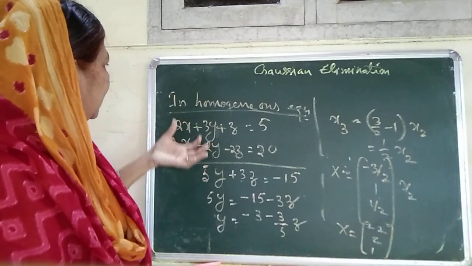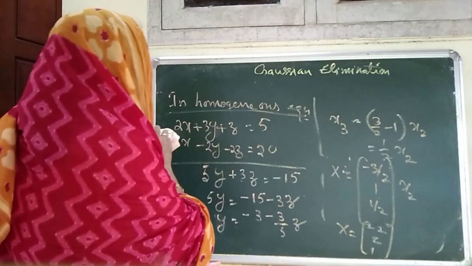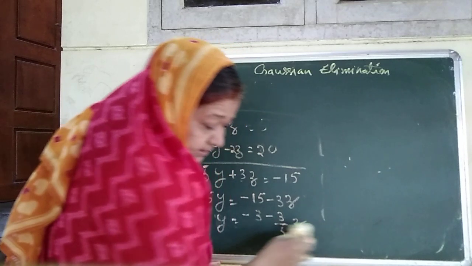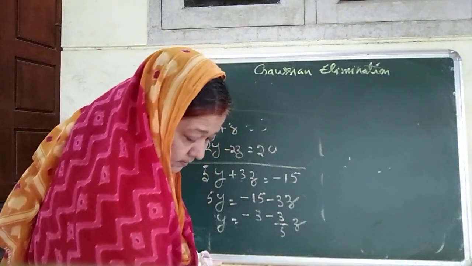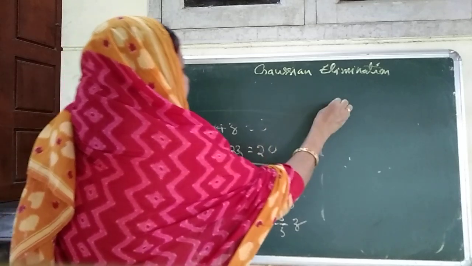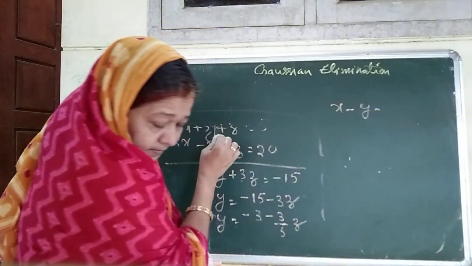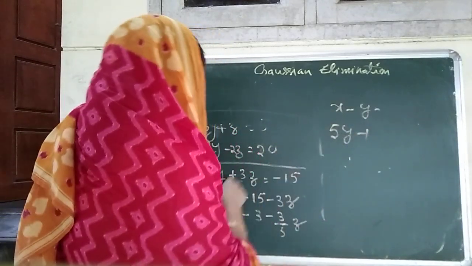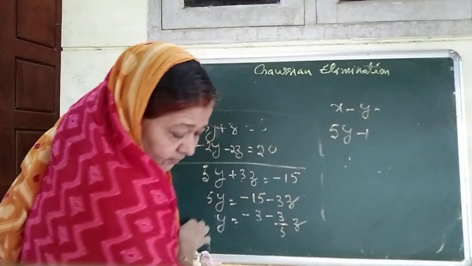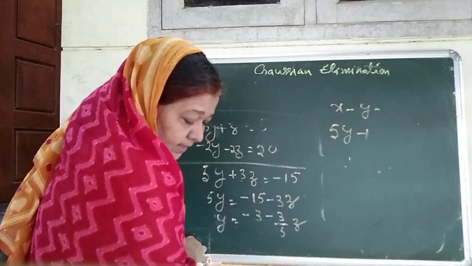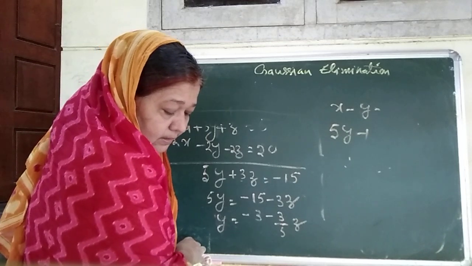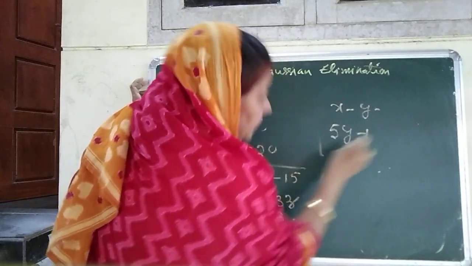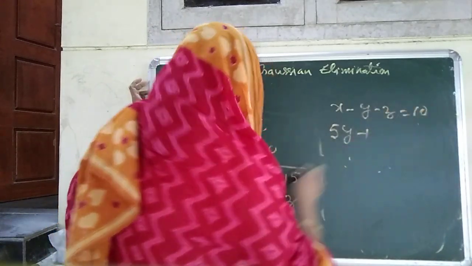Then we can express x. The first equation is x minus y minus z equal to 10.